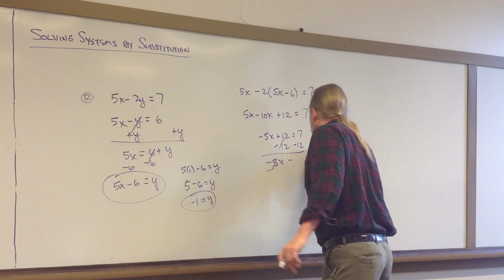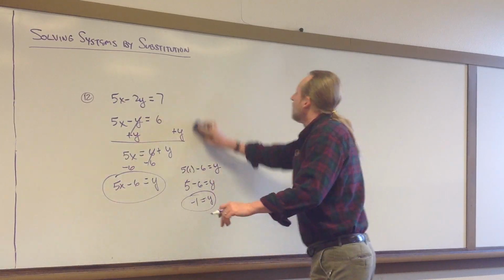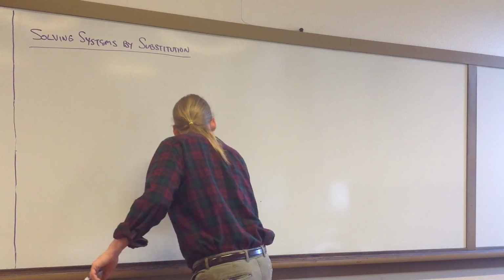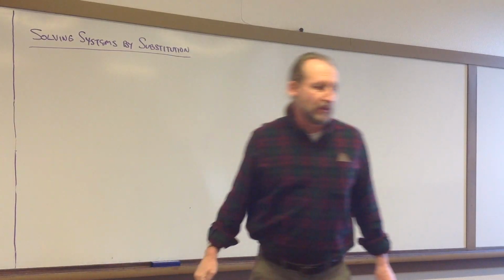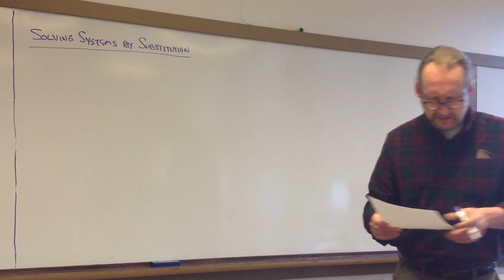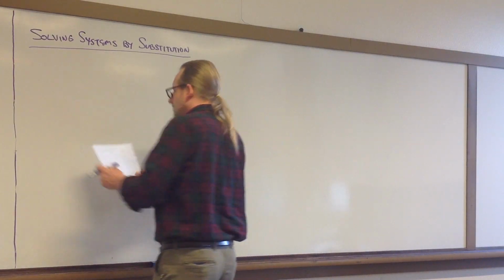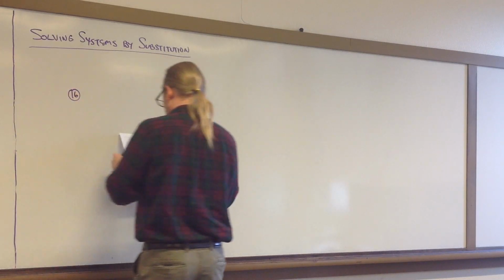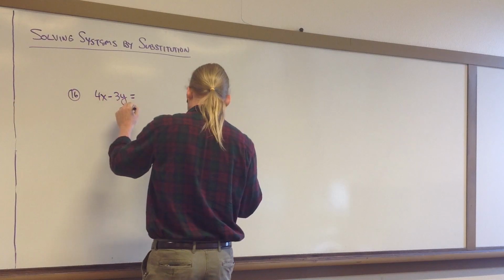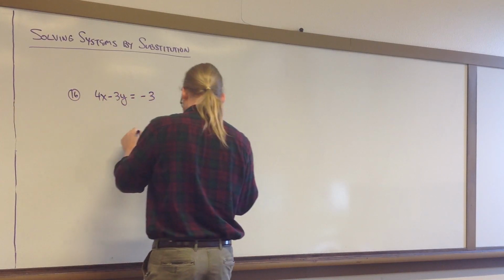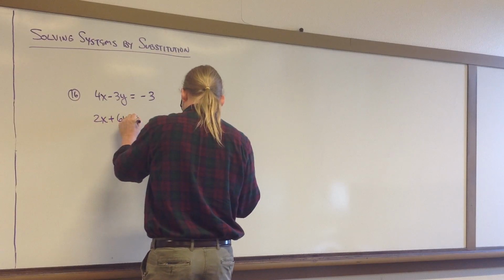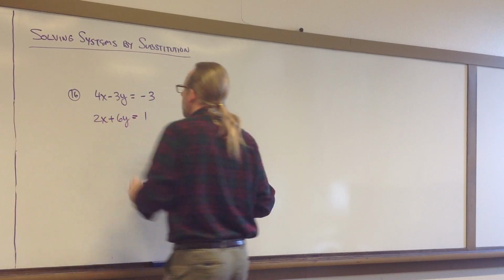All right. Now, these problems towards the end of the assignment, there's a little bit more work involved. Let's look at problem 16. 4x minus 3y is -3. 2x plus 6y equals 1.